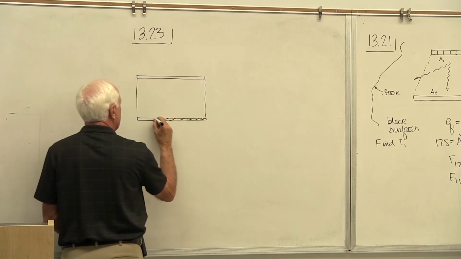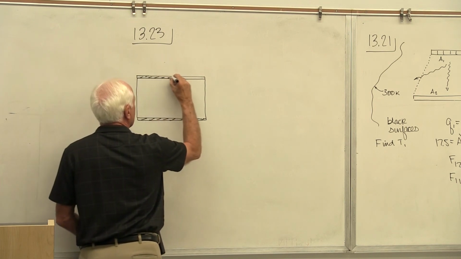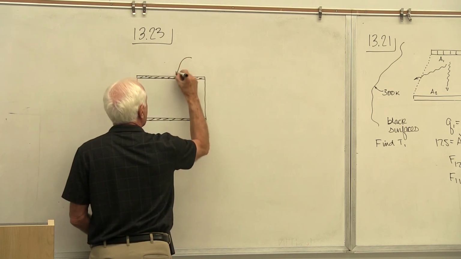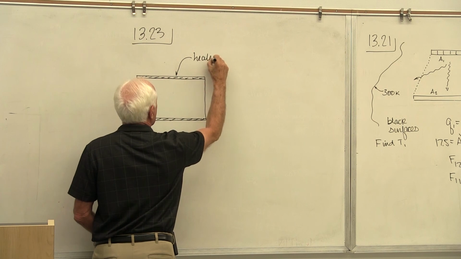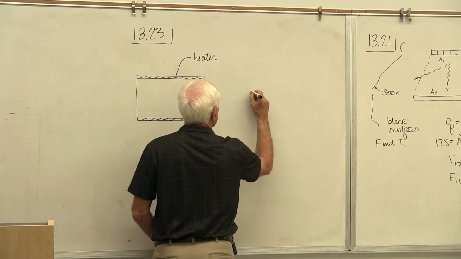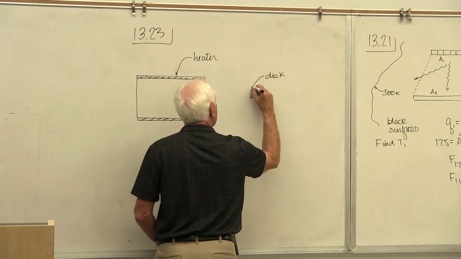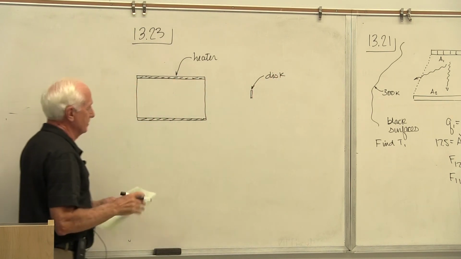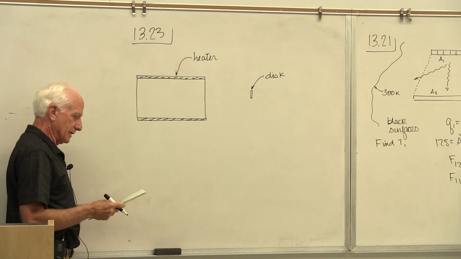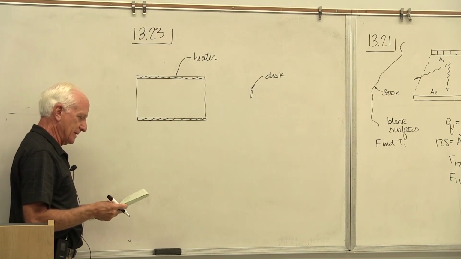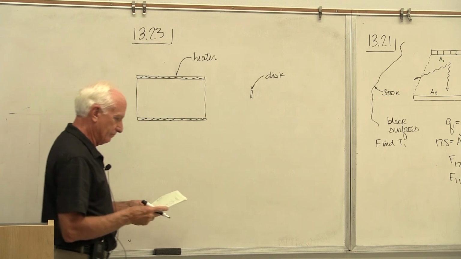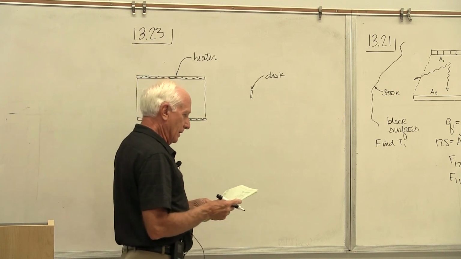The heater is supplying heat, it's circular, and there's a disc out here. We know all the dimensions: the disc diameter, the heater diameter, the spacing L.